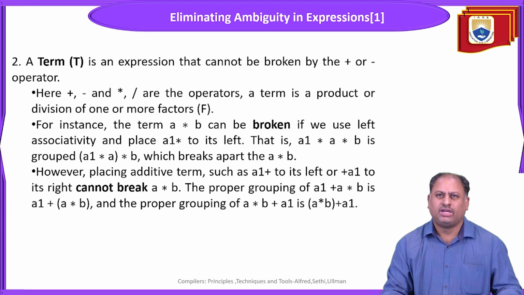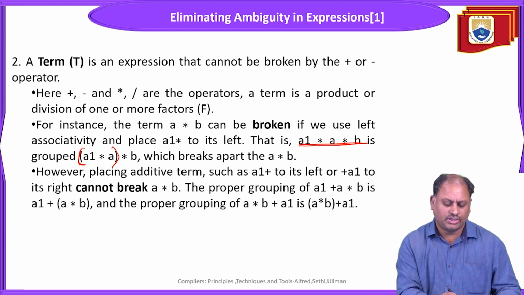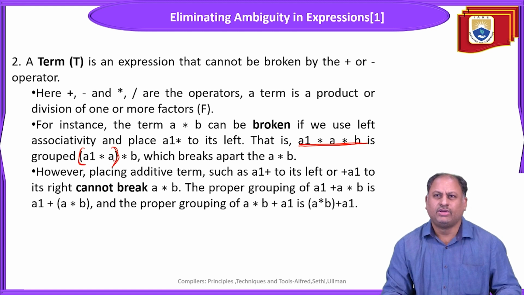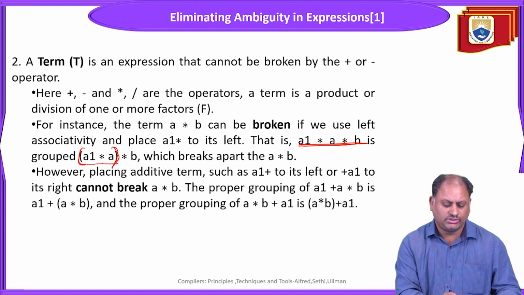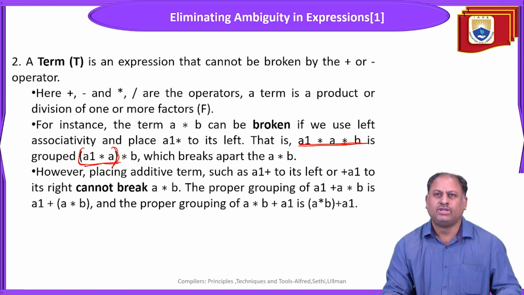That means if there is more than one star, parentheses are applied, for example A1 star A star B. If we apply parentheses, we can remove this ambiguity about which one is to be considered, either A1 star A or A star B. Based on the associativity, we can break down the expression into different parts, applying left to right or right to left.